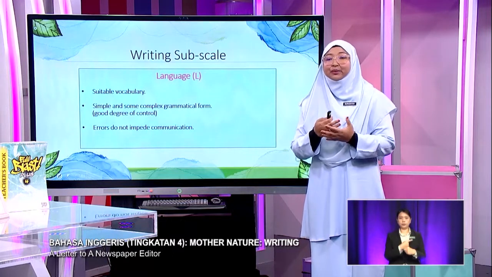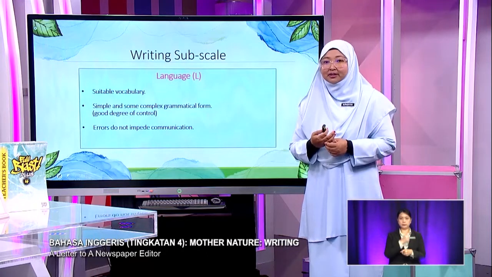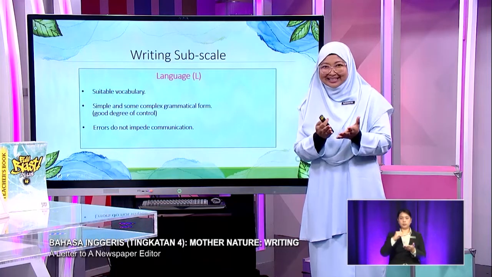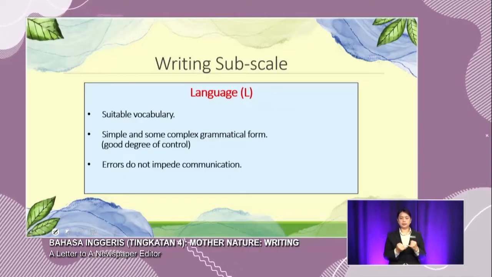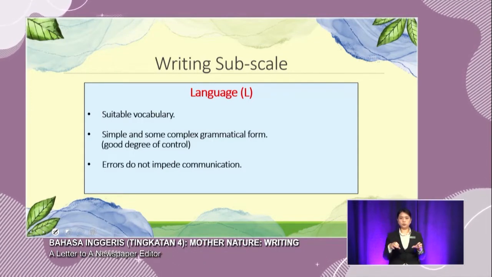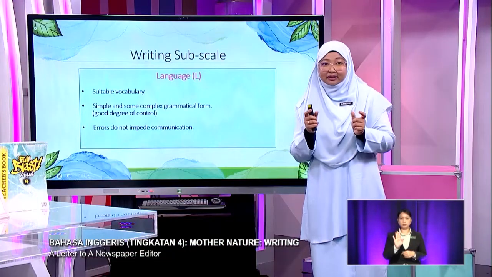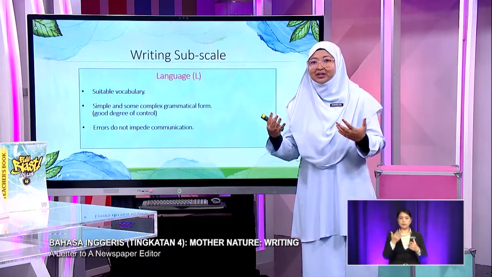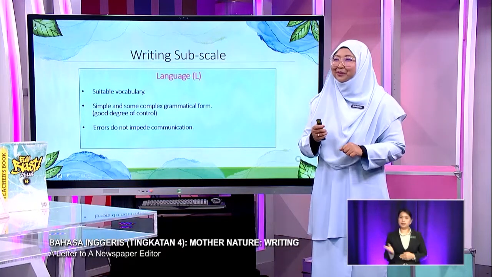So make sure that our sentence structure is correct and also the grammatical forms. I know it's quite tough, but you need to learn more from your teacher. Last but not least, errors do not impede communication. People do make mistakes, right? So don't worry if you make mistakes, but make sure that your errors will not disturb the whole idea. Okay, so that's all for the writing subscale. Let us move on to our task.